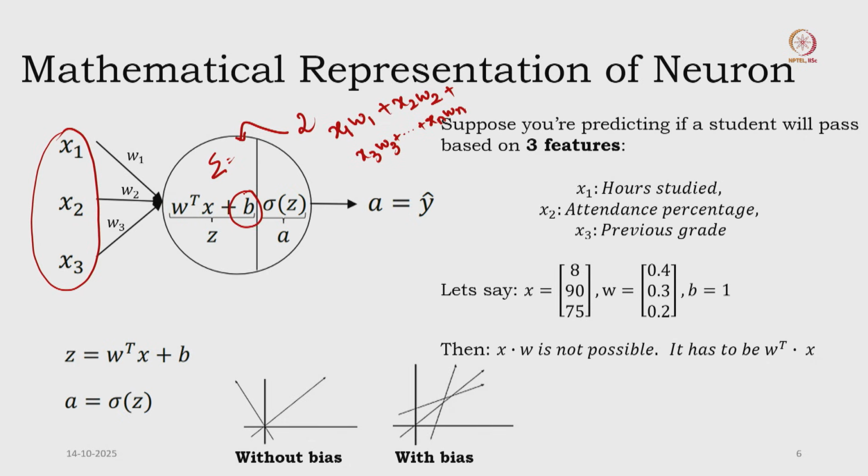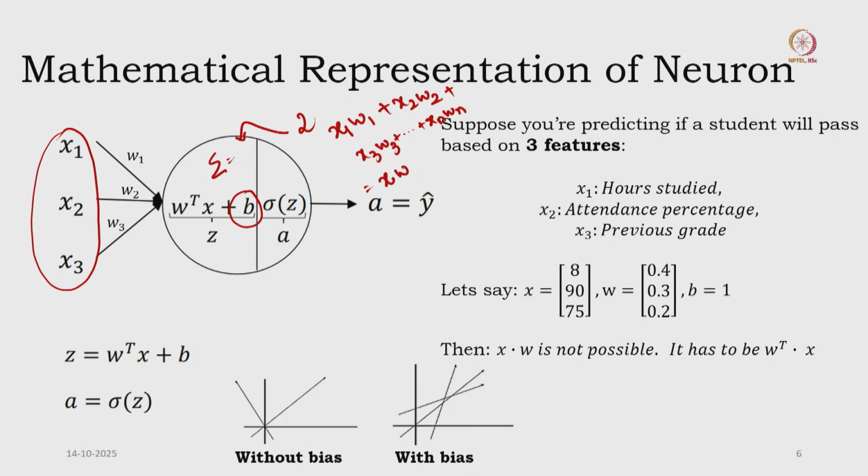Let us understand this in a while, but let us look into what exactly is this x1 w1, x2 w2. So in short, we can write this whole as x into w. Now, suppose here is a small example. Suppose there is a requirement where you want to predict if a student will pass based on 3 input features.